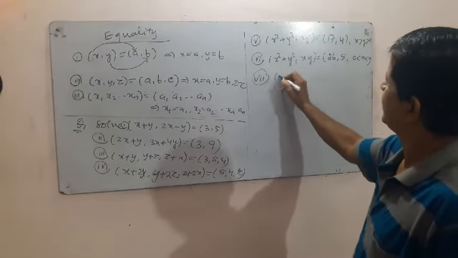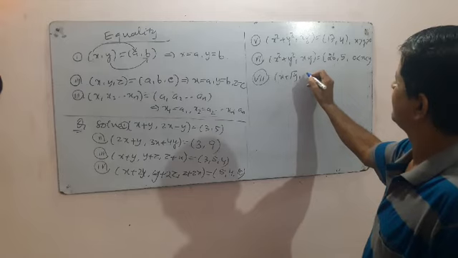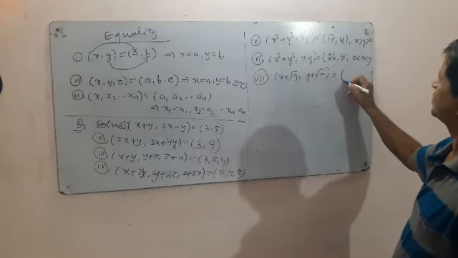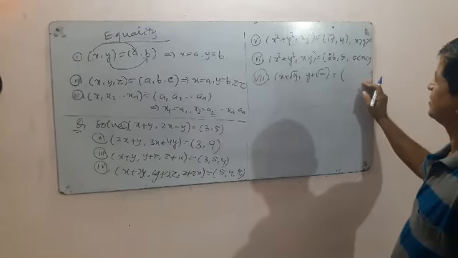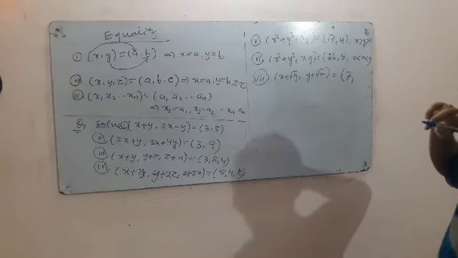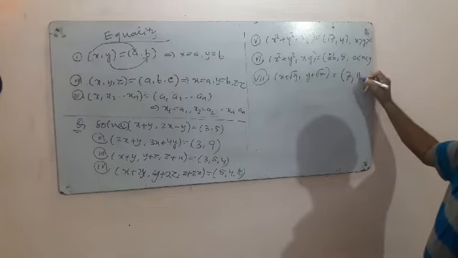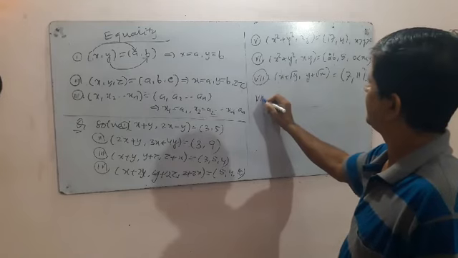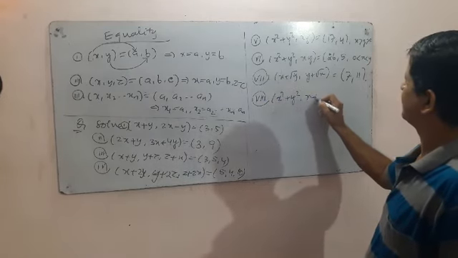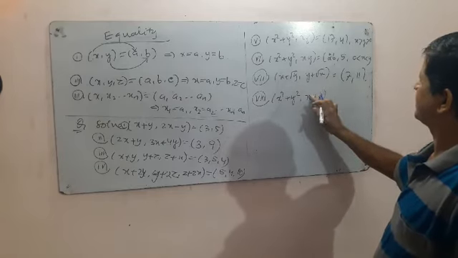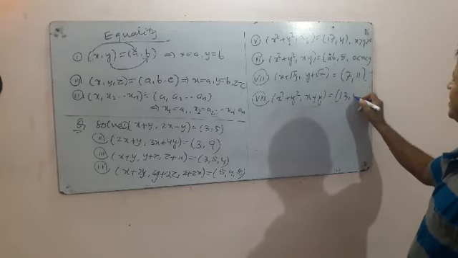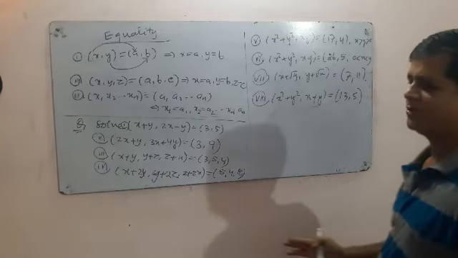Seventh, x plus root y comma y plus root x equals 7 comma 11. Last, x square plus y square comma x plus y equals 13 comma 5.